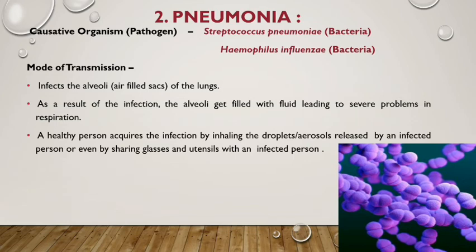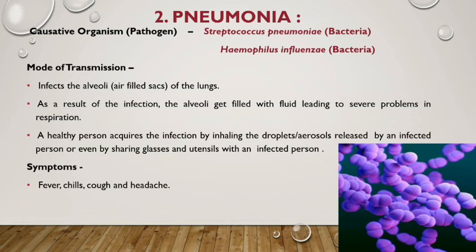This pathogen Streptococcus pneumoniae, its target is the lungs. So with lungs affected, that person will face problems in respiration and breathing, isn't it? So my dear student, now let us see what the symptoms are. If a person is suffering from the disease pneumonia, what symptoms may that person have?